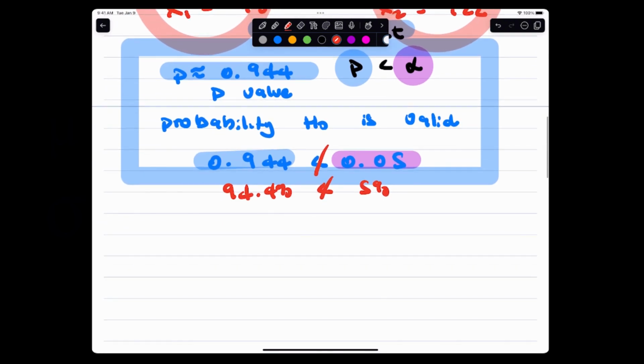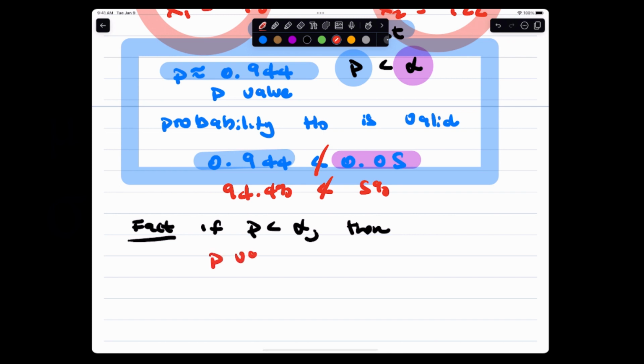You know what you say? Here's what the real saying is. This is what you guys want to remember here. Here's a fact that is the basis of a lot of what you're going to do. If p is less than alpha, then what do we say? Do you guys remember? This means that the p-value is low.